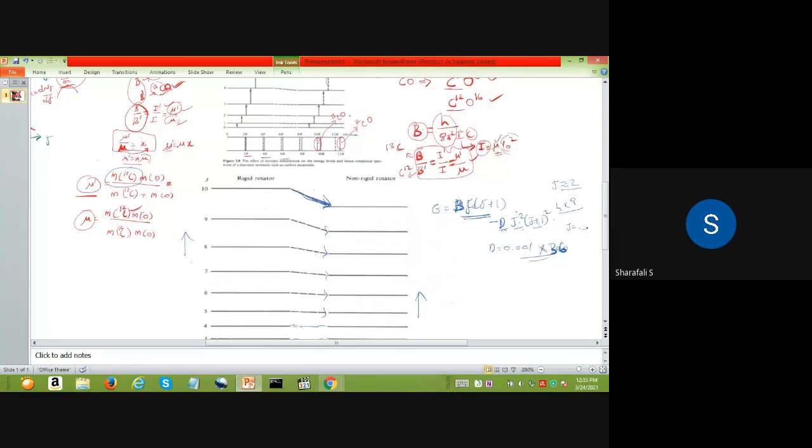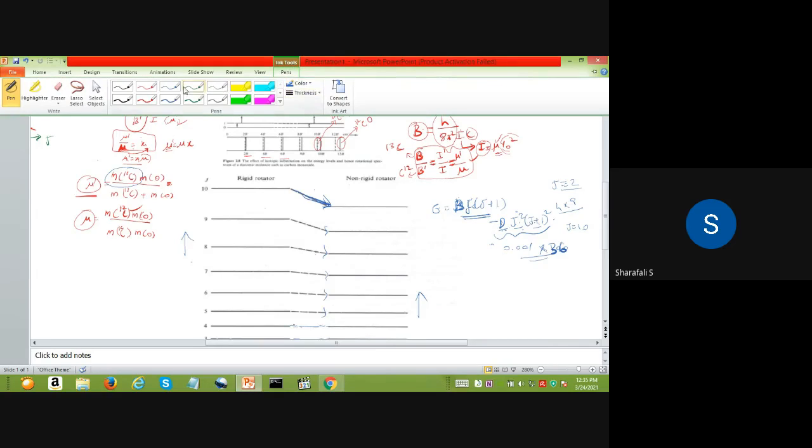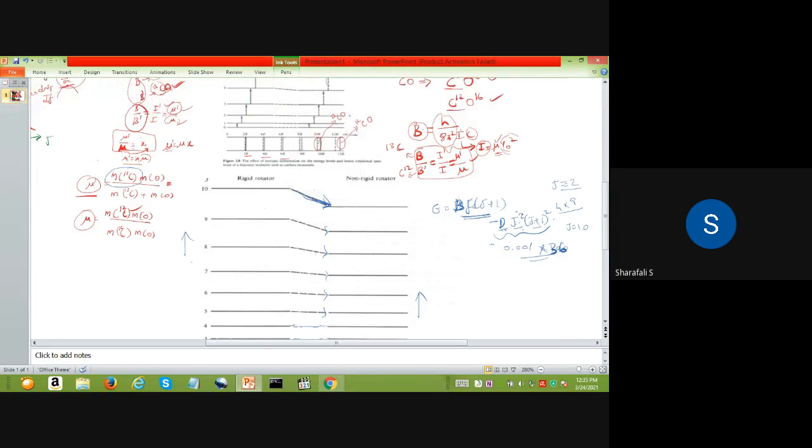But when you consider J equal to 10, I'm talking about this quantity. This quantity will be equal to 0.001 into 36 when J equal to 2. When J equal to 10, it will become 0.001 into, J square will become 100 into (J plus 1) square will become 11 square.